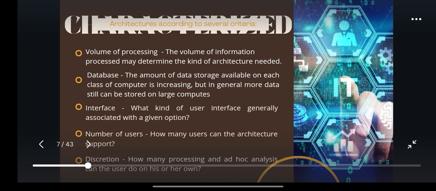The amount of data storage available on each class of computer is increasing, but in general, more data still can be stored on large computers. Interface. What kind of user interface is generally associated with a given option? Number of users. How many users can the architecture support? Lastly, discretion. How much processing and ad hoc analysis can the user do on his or her own?